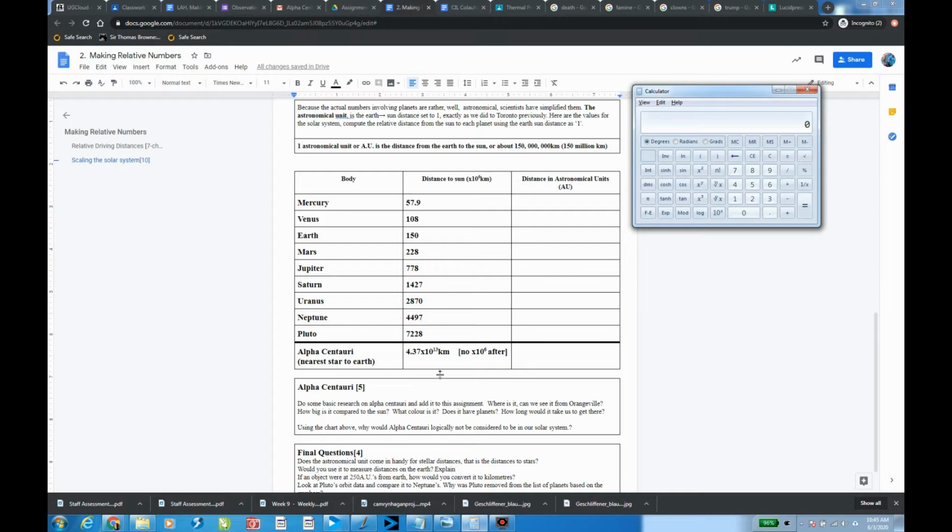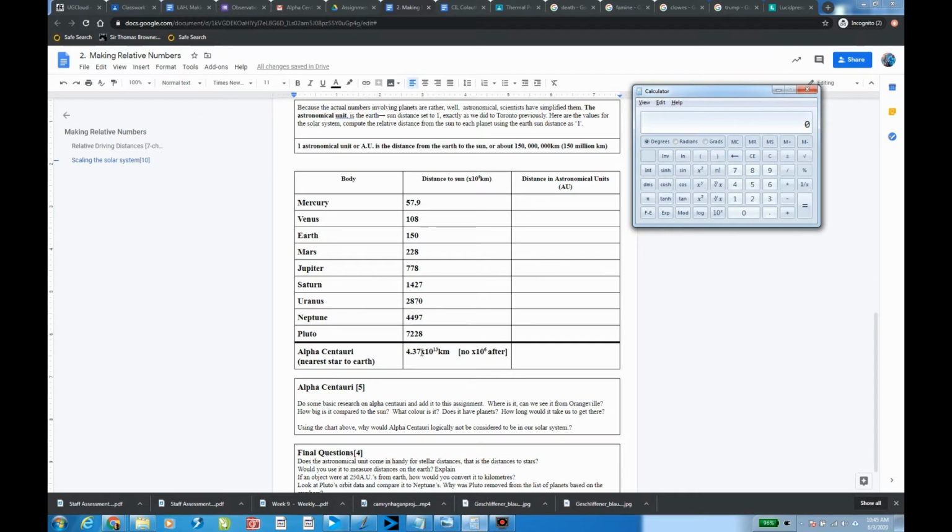The question is, what do we do with this number compared to Earth? Well, we already have a problem. This 4.37 times 10 to the 13 kilometers does not have a 10 to the 6 after it. That's the raw value. I have not removed 6 zeros. So you've got 2 choices to compare it to Earth: put the 6 zeros on Earth or remove them off of here.